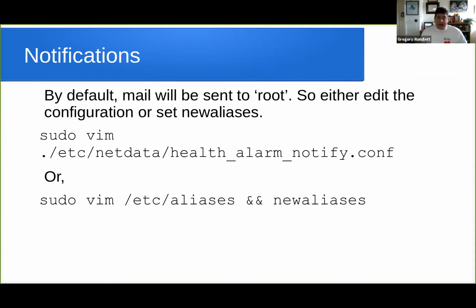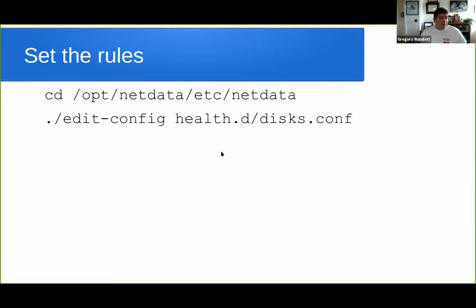So what happens when we get these? I should have made a screenshot or shared an example alarm notification. I just realized I didn't do that. But when you get an alarm notification, let me see if I can pull one up.